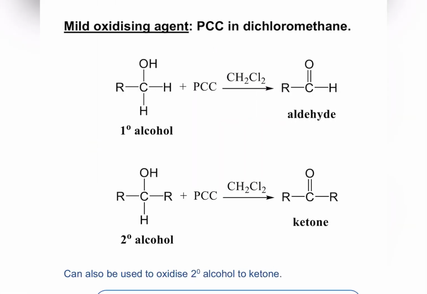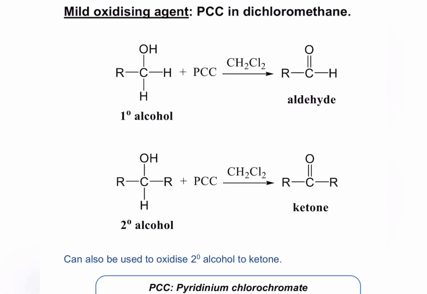Next one, I can also use my oxidizing agent, which is PCC in dichloromethane. PCC is what we call pyridinium chlorochromate. That is a long name, but we can make it short in your equation as capital letters PCC. So if you have primary alcohol and secondary alcohol, because only these two classes of alcohol can form products when doing the oxidation by using PCC.